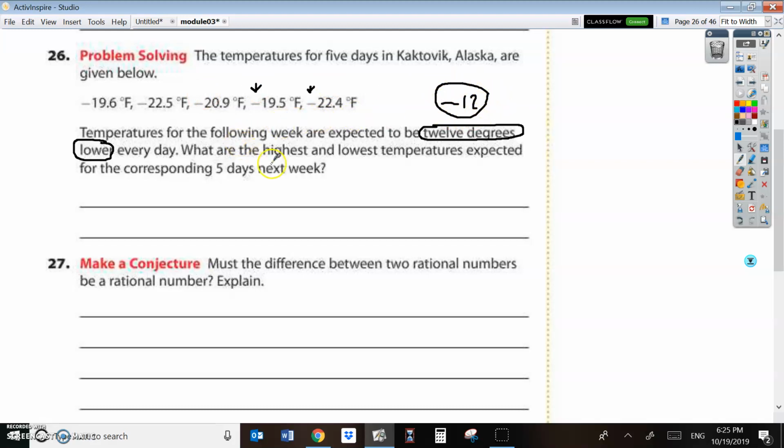So let's find the highest and the lowest temperature. Okay, so these are all cold, but there's relative coldness here. So here's a thermometer temperature gauge number line of math. So there's 0. Negative 19.6, we'll put that right here. Now negative 22.5, we'll put that right here.